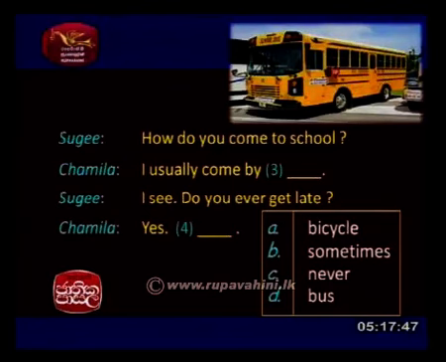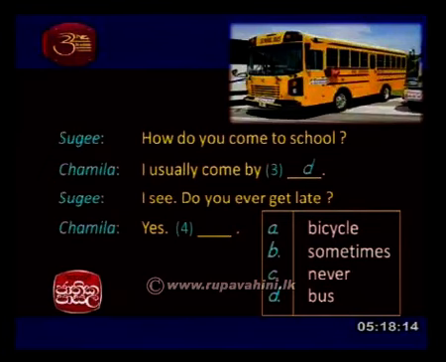Right. And you can see a bus also there. So that is the clue. How do you come to school? I usually come by bus. There's bicycle and bus, but there's no bicycle in the picture, right? So then definitely you have to write D, right? I see. Do you ever get late? There are two words, sometimes, never.